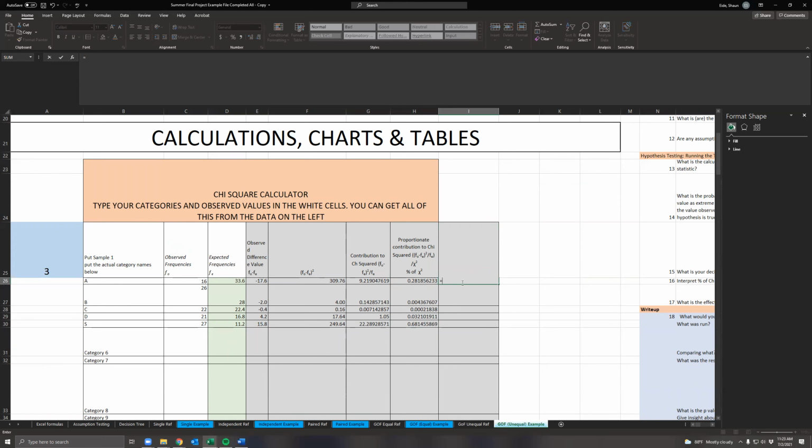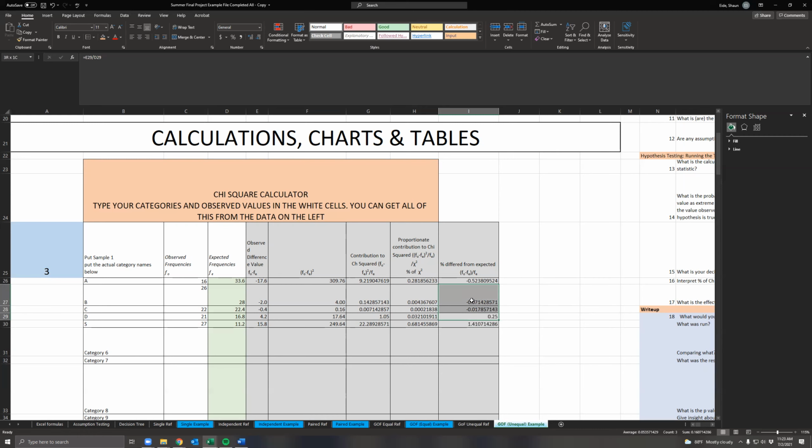So we're going to do equals the frequency observed minus frequency expected, this column right here, divided by the frequency expected. So this is 52% below what's expected. And we're going to drag this down. This is 7% below, 1% below. This is 25% above, and this is 141% above what's expected.